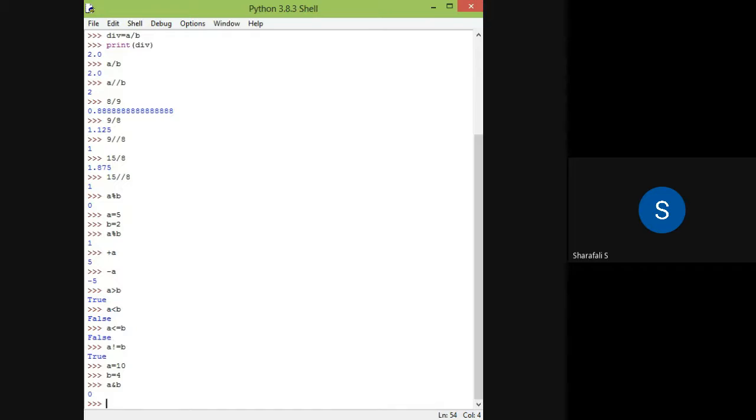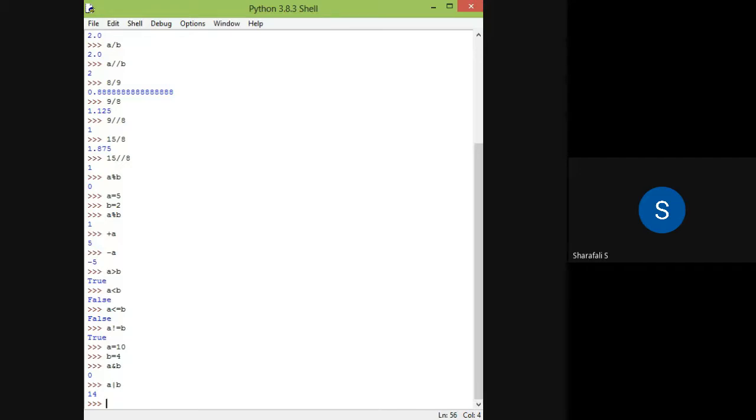If you consider A or B, in that case you will be getting 14, because you have to consider the OR operation. First we have 0 and 0 on the rightmost side for 10 and 4, so 0 0 will be ORed and you will get 0.